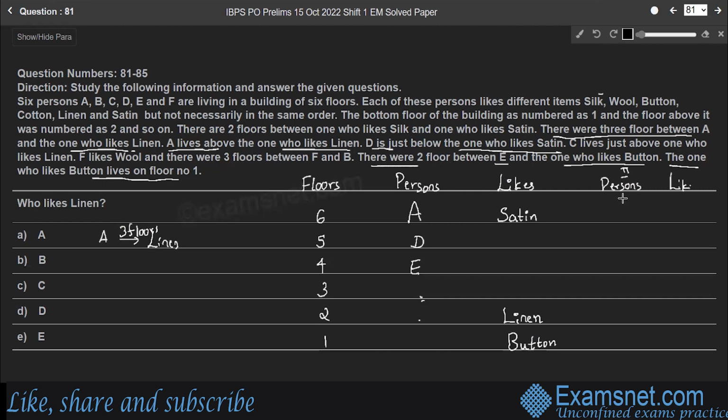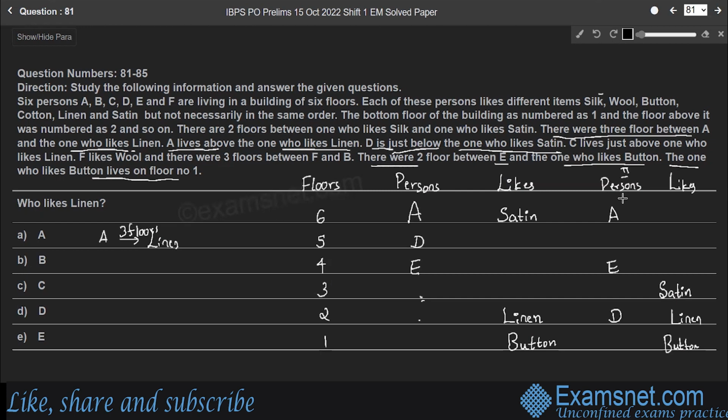A is living on the topmost floor, E is living on the 4th floor, the one who likes linen is on the 2nd floor, and the one who likes button is on the 1st floor. D is just below the one who likes satin. That means if the one who likes satin is on the 3rd floor, then just below that, D lives on the 2nd floor.